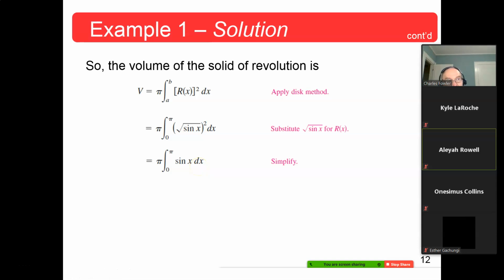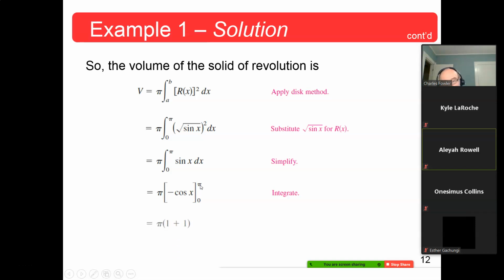Now, know your trig integrations. Okay? The antiderivative of sine x is negative cosine x. Why is that? Because the derivative of cosine x is negative sine. So you have to have the opposite sign there. Okay? So this will be pi times the negative cosine x evaluated from 0 to pi.